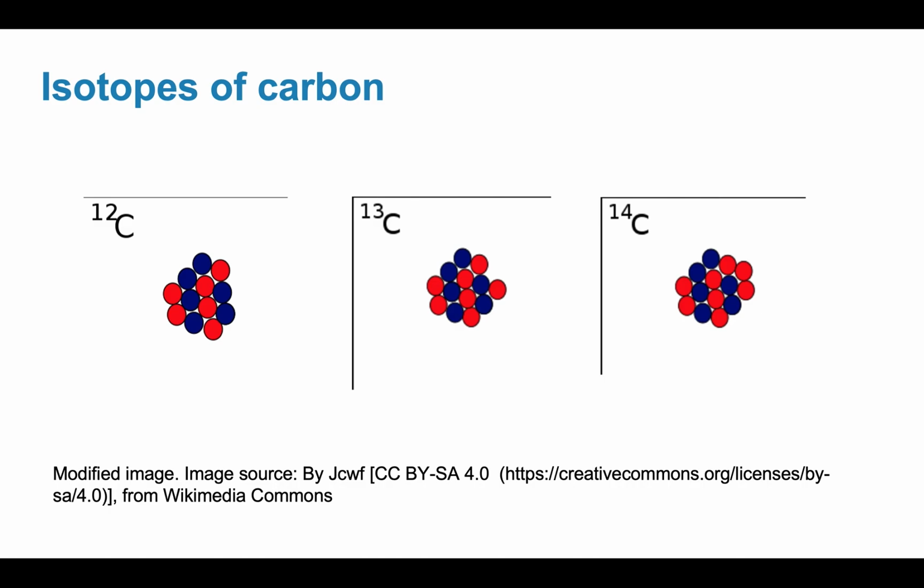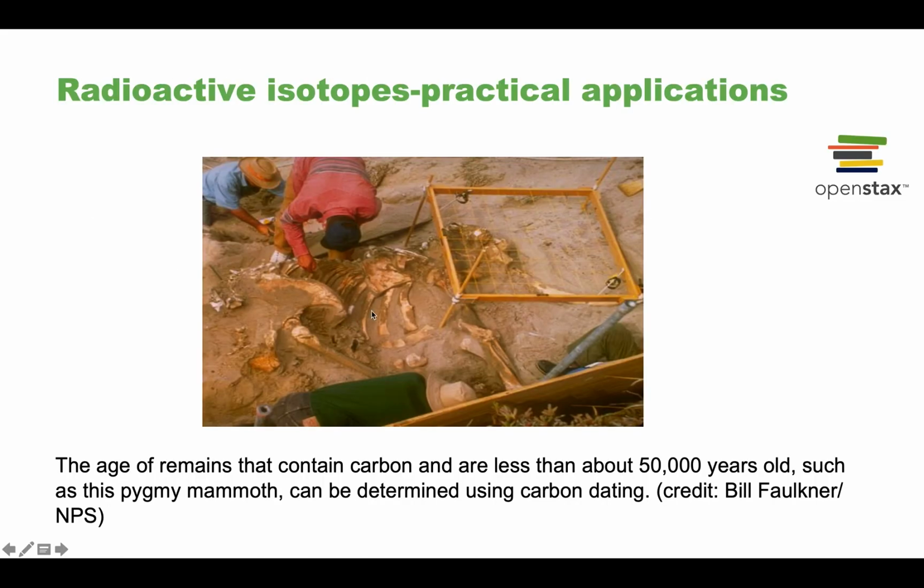Now, another very important application is dating of really old fossils, because scientists know that isotopes decay into the most abundant form and they know how long it takes for these atoms to decay. Now, when they know that, then they have a clock. So when the scientists dig up, let's say, these bones, they can analyze the proportion of different radioactive isotopes.